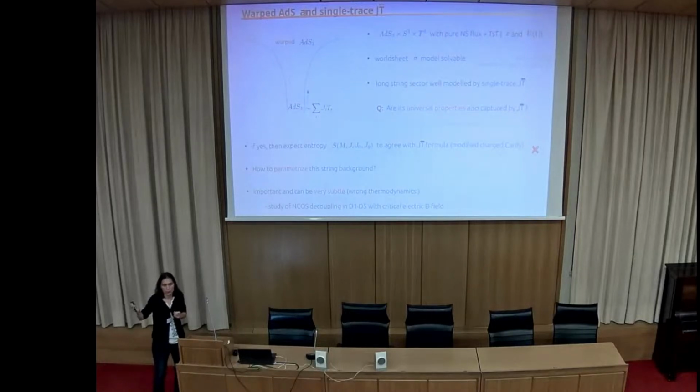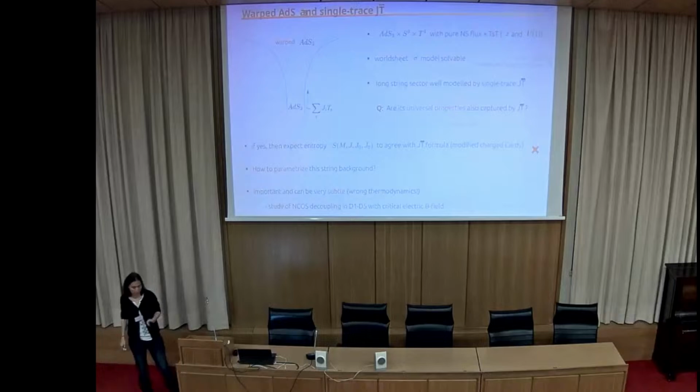Their connections to single trace TT-bar and JT-bar work very nicely in this sector. But I don't know what happens if I want to go to a less singular point in the moduli space of the initial background. So, yeah.